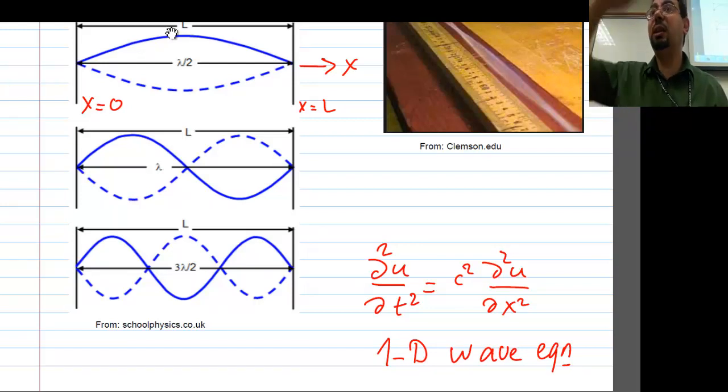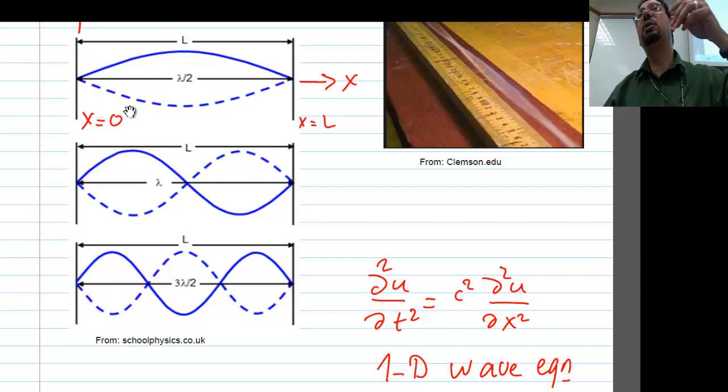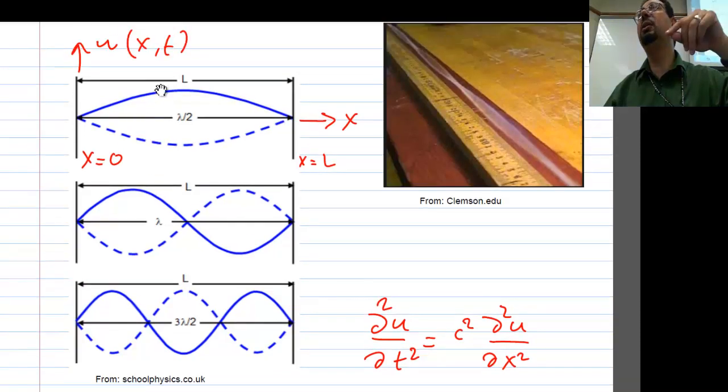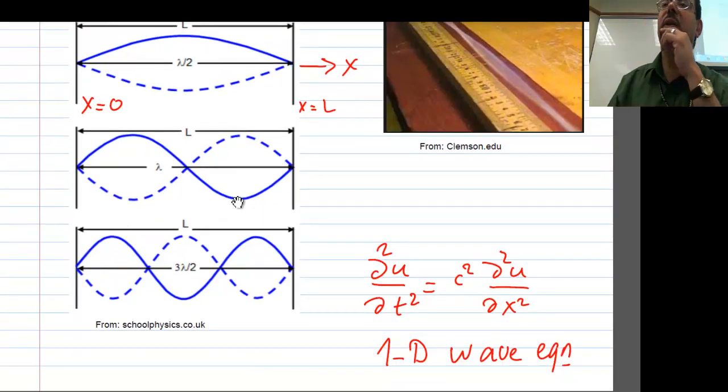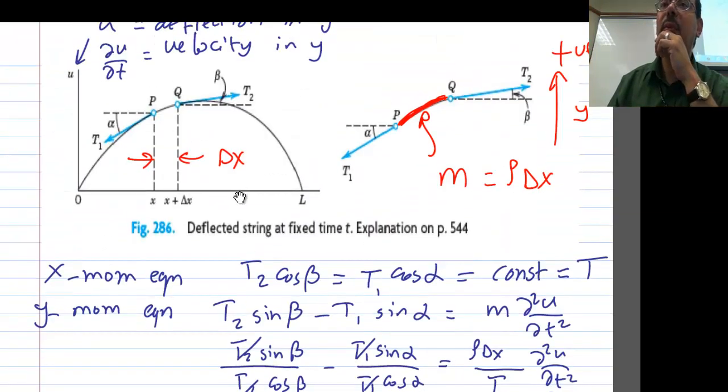He's moving up and down, so if u is the position, the velocity becomes du by dt, and therefore the acceleration becomes d2u by dt squared. You already put your hand on why there is a second derivative in time, right? So that's what will happen exactly.